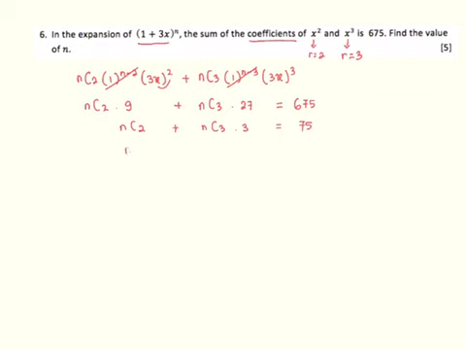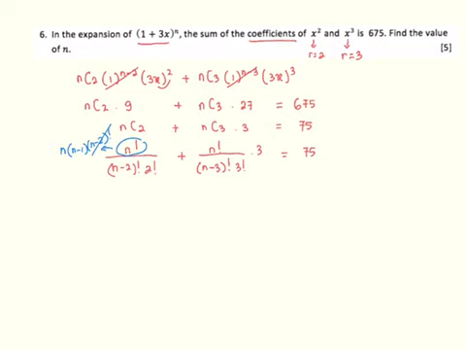And then nC2 is n factorial over (n minus 2) factorial times 2 factorial, plus n factorial over (n minus 3) factorial times 3 factorial, times 3 is equal to 75. Since you know that n factorial is n times (n minus 1) times (n minus 2) factorial, I can cancel this and this, right?